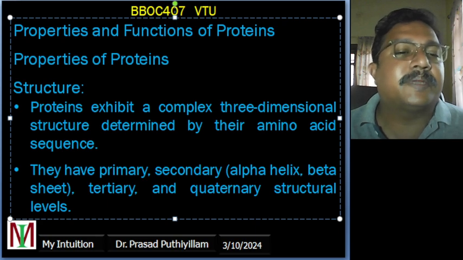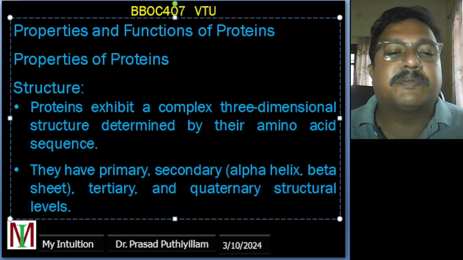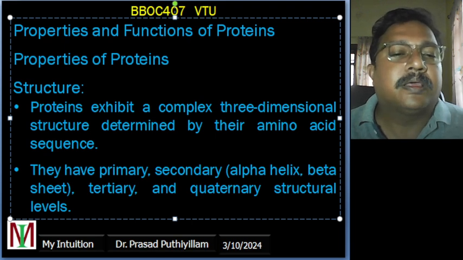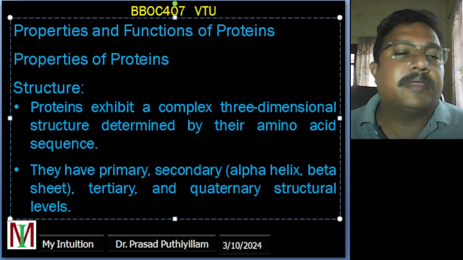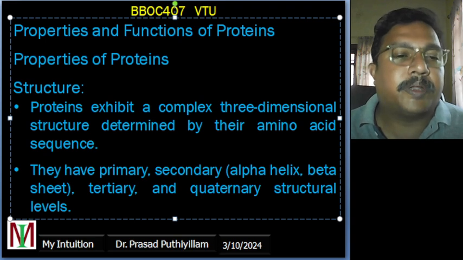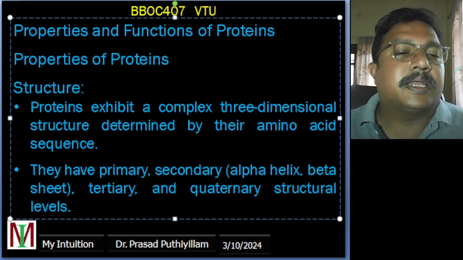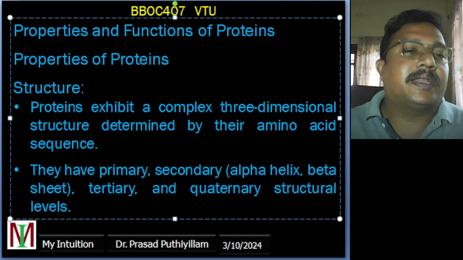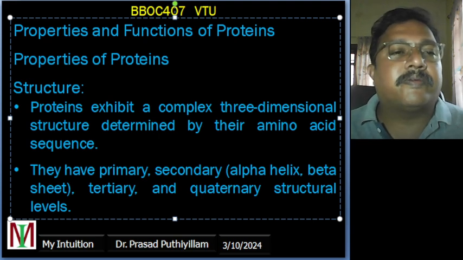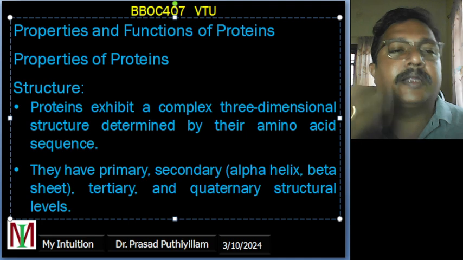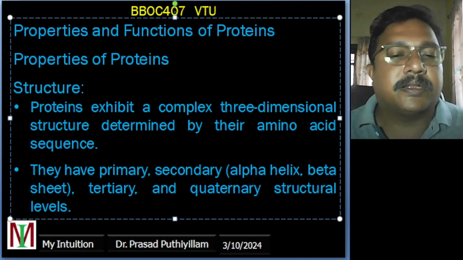I already explained the 20 different types of amino acids, and the order or sequence in which they are arranged to become a protein determines the final shape of the protein, as well as its properties and function. Just like different colored beads decide the design of a necklace, a different order of amino acids gives different properties or function to that protein.